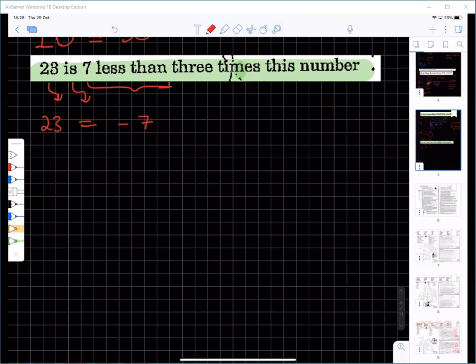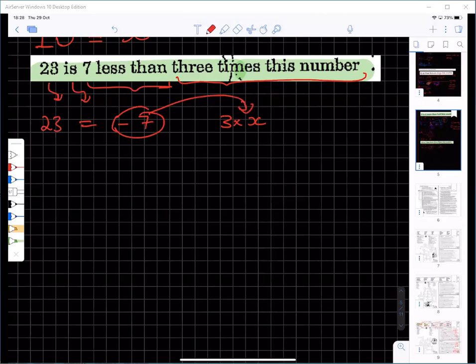And what do you mean by 3 times this number? 3 times x. Okay, so it's going to be 7 less than what? 7 less than x.